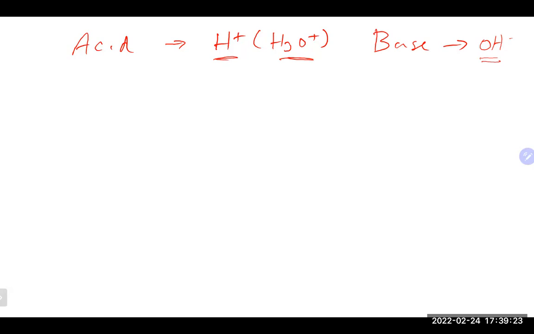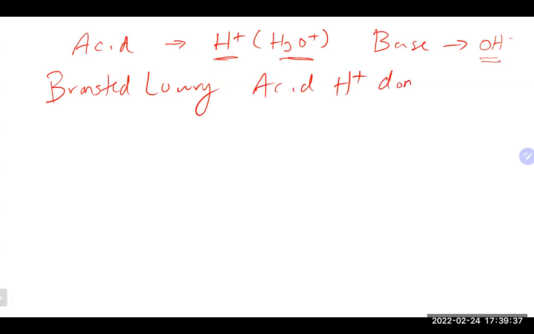Now, we talked about a more general definition of an acid and base, which is the Bronsted-Lowry definition, where an acid is a proton donor and a base is a proton acceptor.